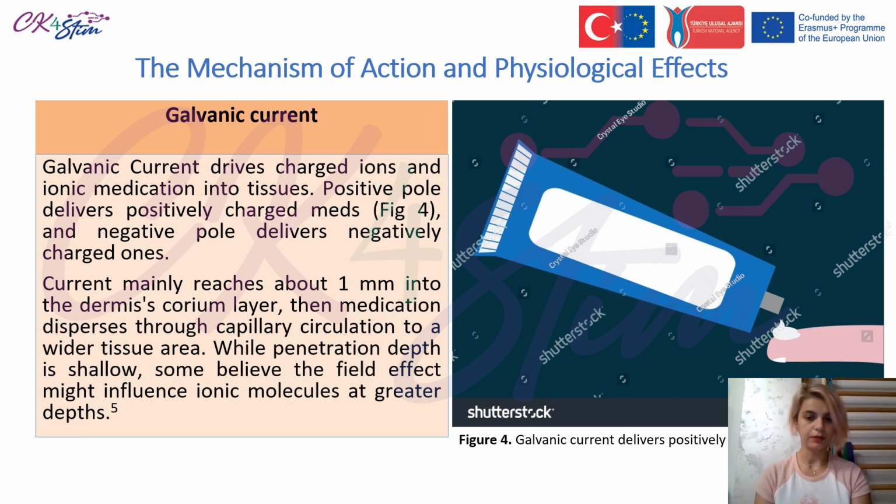The galvanic current primarily penetrates into the dermis, the corium layer, reaching a depth of approximately 1 millimeter. From there, the medication is dispersed through capillary circulation to a large area of tissue.